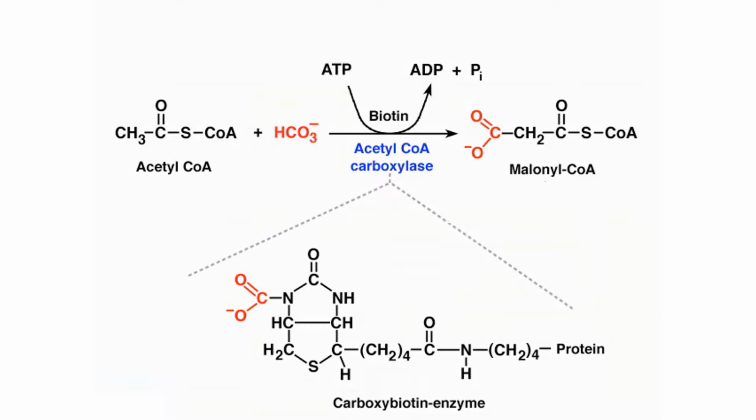So we have actually attached, this is our CoA, and we have carboxylated that molecule with the CO2 from our bicarbonate. So here is the carboxylation. The end of this reaction then produces malonyl CoA. So there is a separation or cleavage from this acetyl-CoA carboxylase that gives us our malonyl CoA.